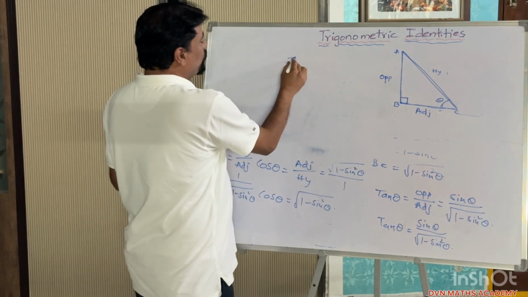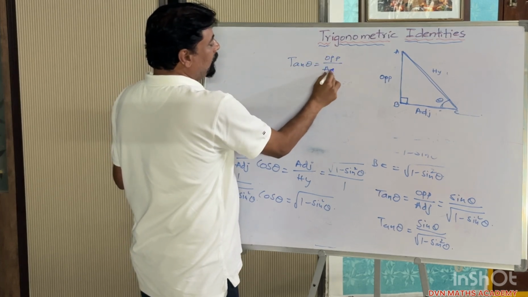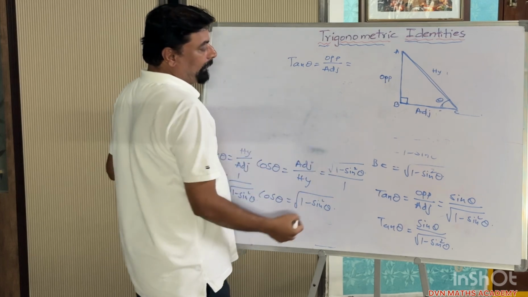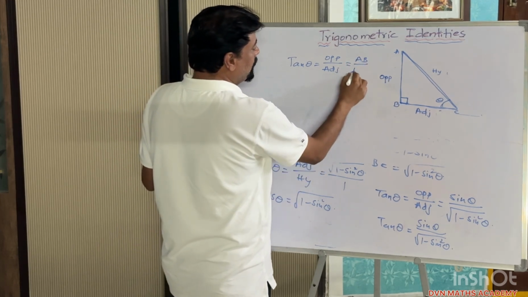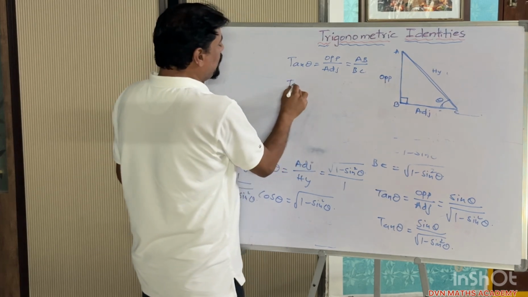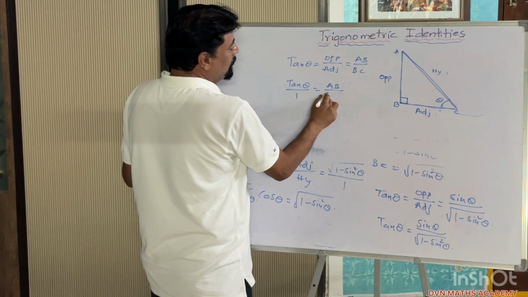Tan theta is equal to, you know, opposite by adjacent. According to my triangle, opposite is AB and adjacent is BC. Now tan theta by 1 is equal to AB by BC.